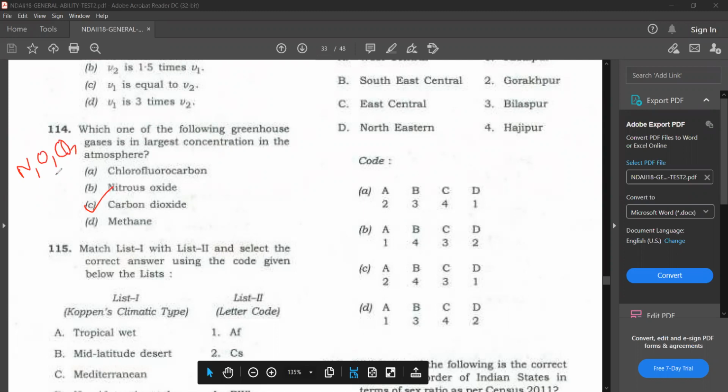So carbon dioxide is the gas which causes the greenhouse effect. These all are causing the greenhouse effect, but the one with higher concentration is carbon dioxide, which is third in the atmosphere. So the answer is carbon dioxide.